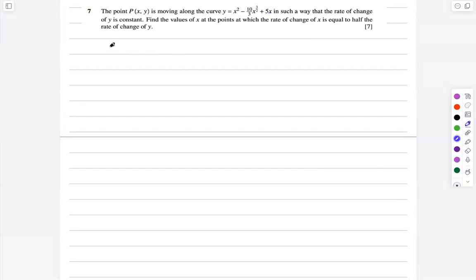Now, when we're talking about the rate of change of x and the rate of change of y, we know that the formula is dy/dt = dy/dx multiplied by dx/dt. In this question, the rate of change of x is equal to half the rate of change of y. So we can write that dy/dt is twice dx/dt.